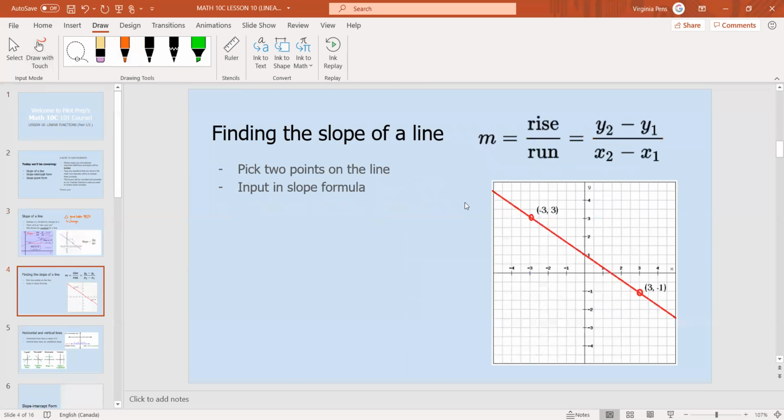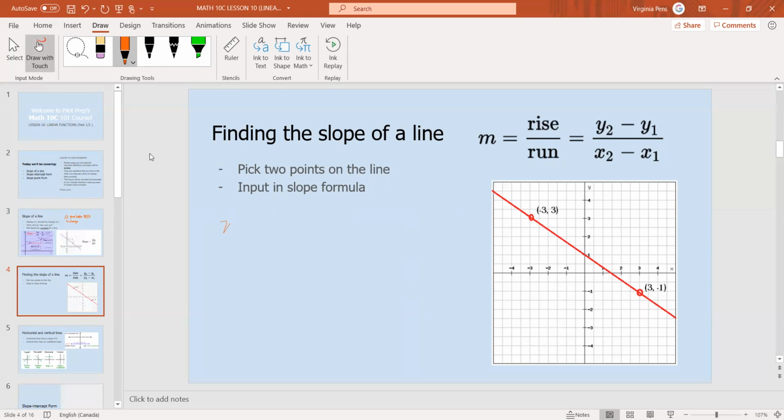So let's try an example. Over here, I've got the formula for slope, and I have a sample line that we want to calculate the slope for. We're given 2 points, and we want to calculate the slope. It's quite a simple matter. We remember that m is equal to rise over run, which is equal to y2 minus y1.